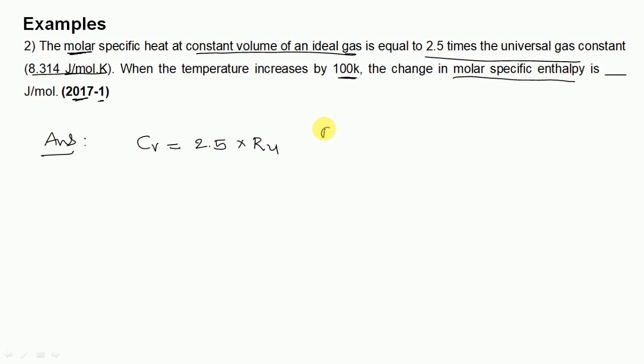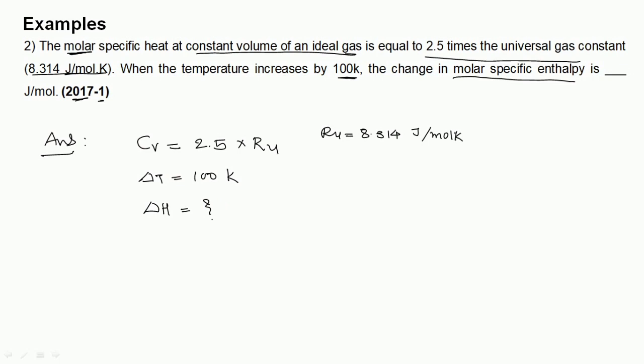The value of Ru is given, and it is 8.314 joule per mole Kelvin. The second thing given is the change in temperature, which is equal to 100 Kelvin. And you need to find delta H, the change in enthalpy.